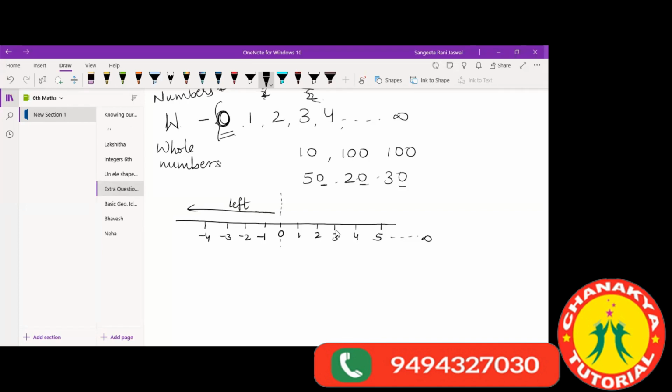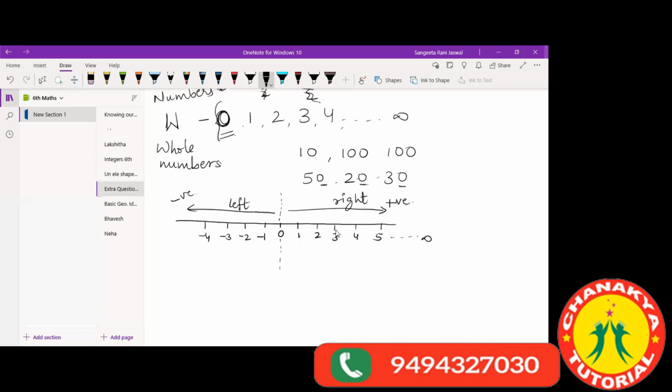So this is the 0 point. All numbers towards the left of 0 are negative. Are you understanding this? And all numbers towards the right side of 0 are positive.